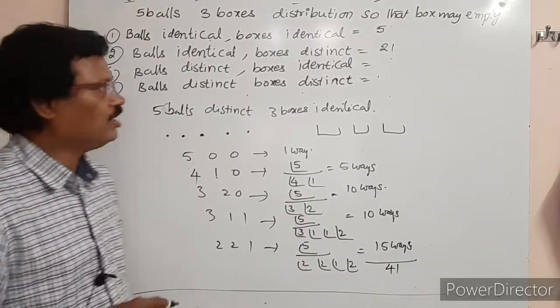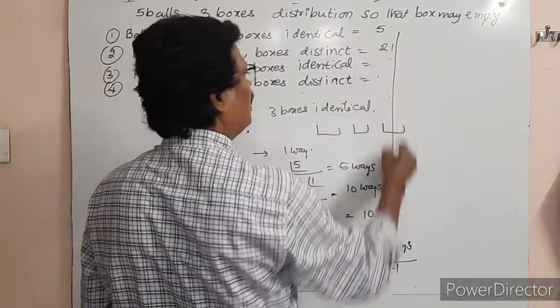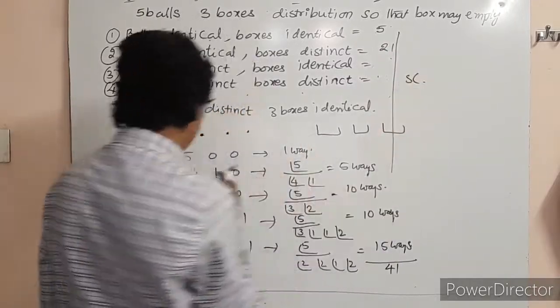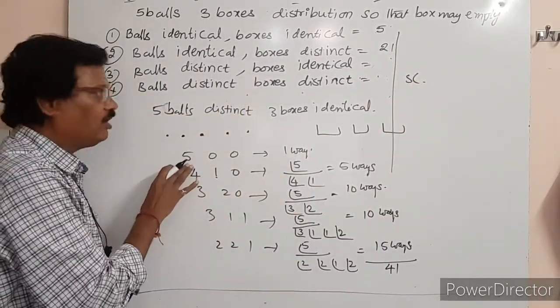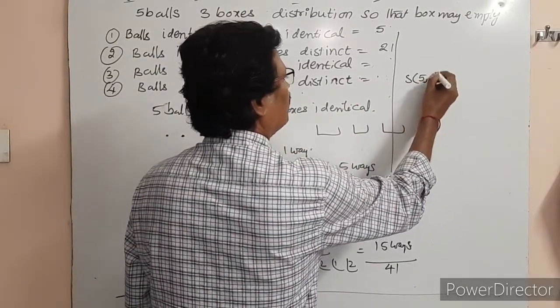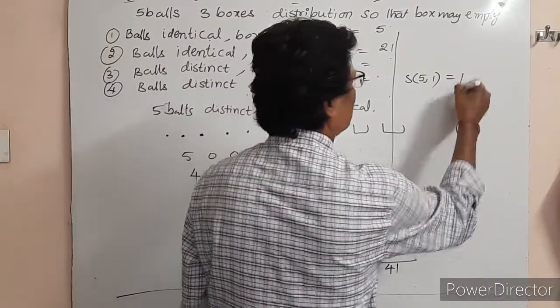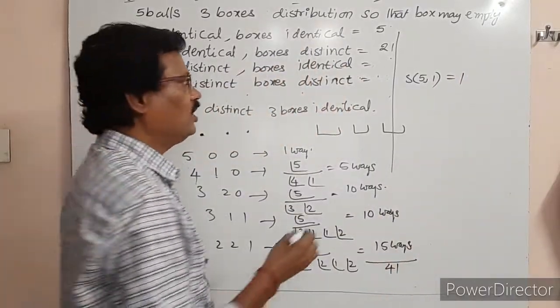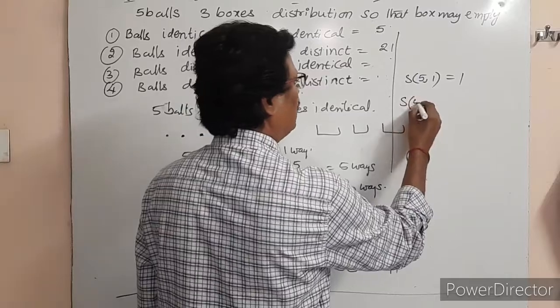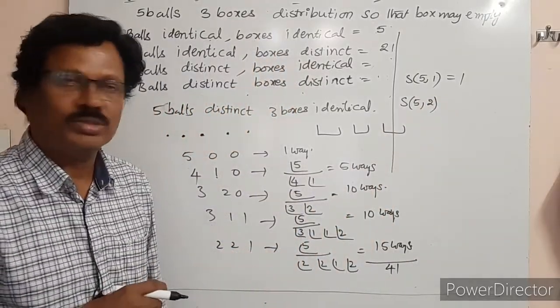Now in this case also we can apply the Stirling formula. Now here what is this one? 5 balls into one group, 5 comma 1. What is the formula? This is the one way. And Stirling formula, 5 balls into 2 groups, 5 balls into 2 boxes.